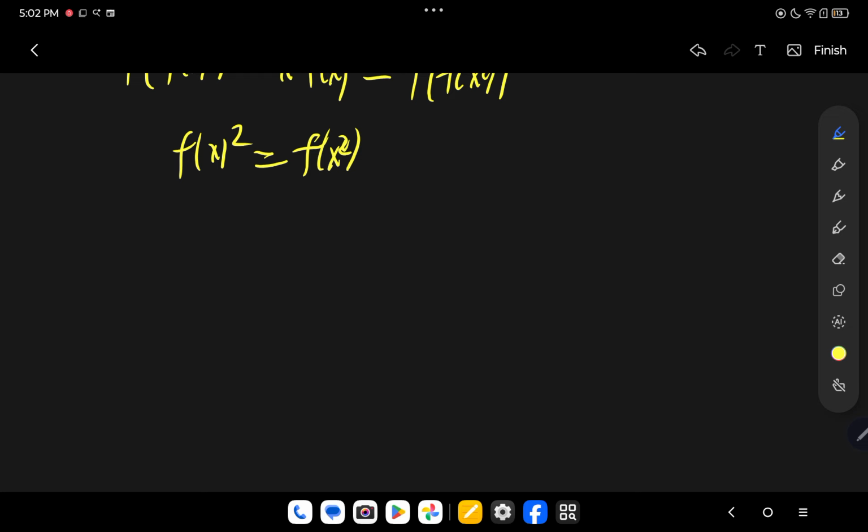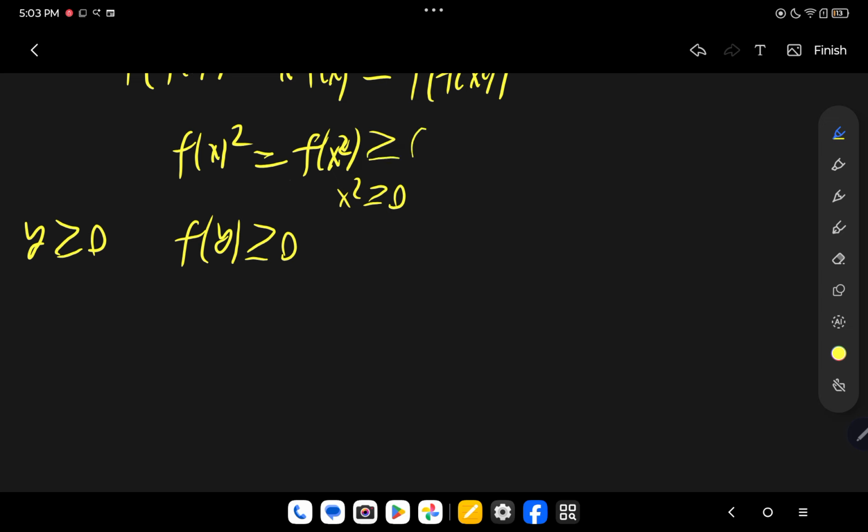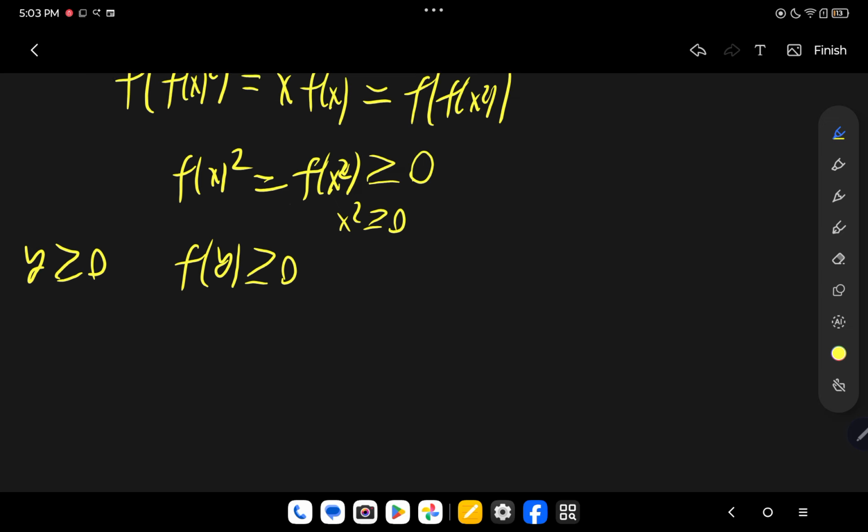Now this means that if y is more than or equal to 0, then f(y) is more than or equal to 0, because we know that x square is more than or equal to 0, so f(x square) is f(x) square, which means that this is also more than or equal to 0.